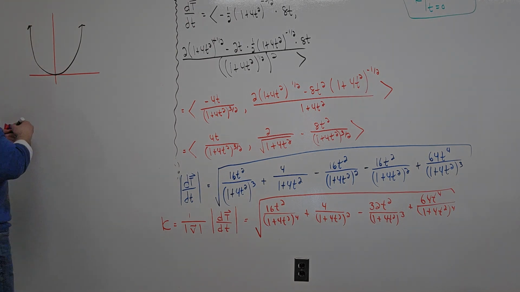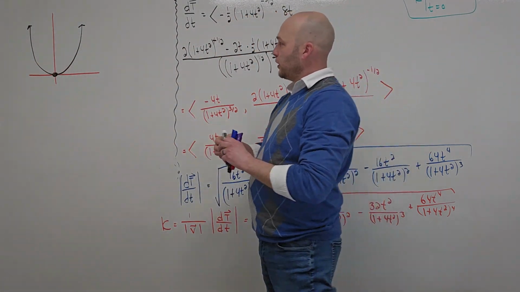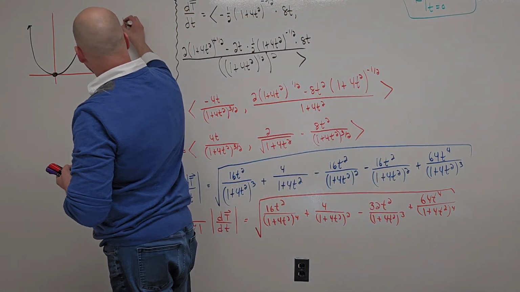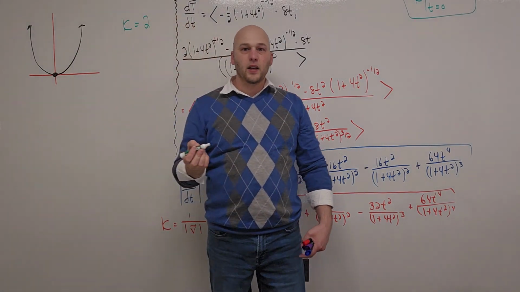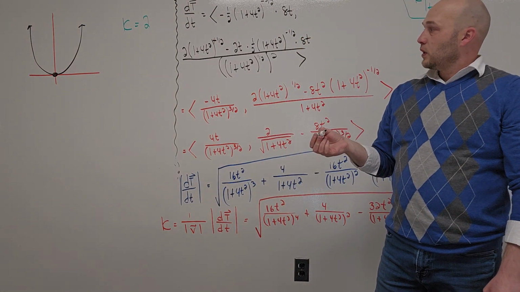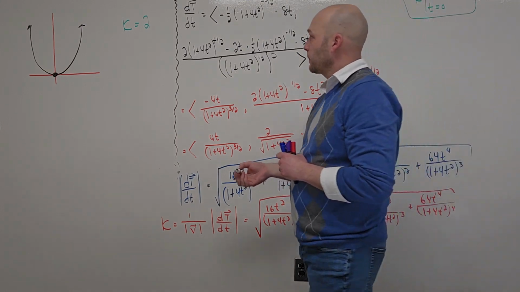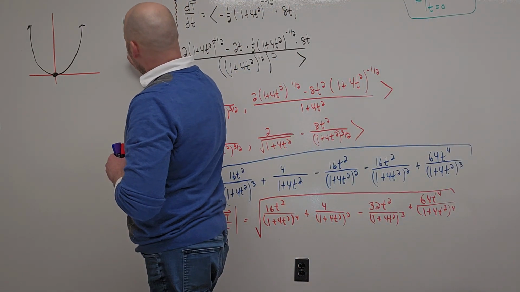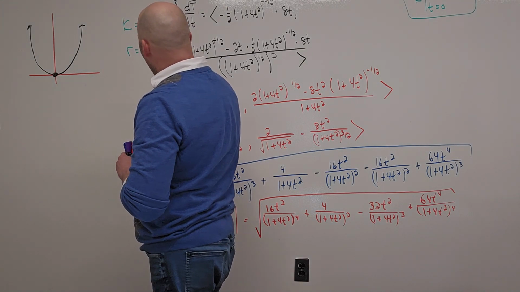We know that the point that we are using is the vertex here. We know that the curvature is 2. And the theorem that I stated earlier says that the radius of curvature is the reciprocal of the curvature. So that means that the radius is the reciprocal of curvature, which is 1/2.